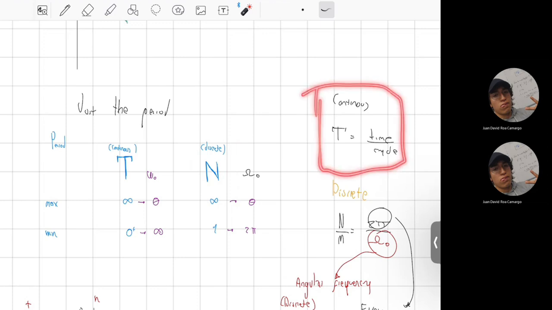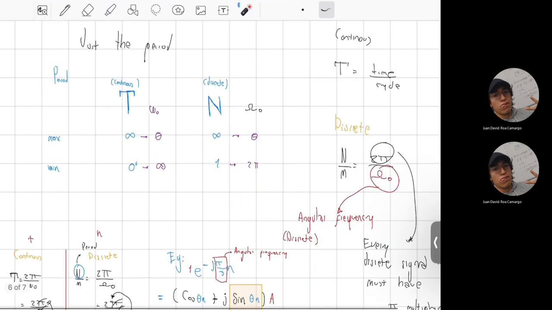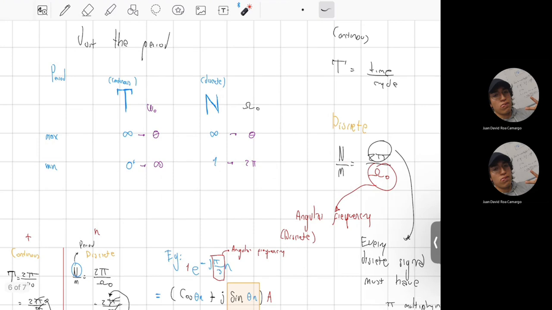We have our continuous signal with this formula right here that I already explained. But in discrete, we have this value n related to the angular frequency here. For discrete, we have a relationship of n over m.